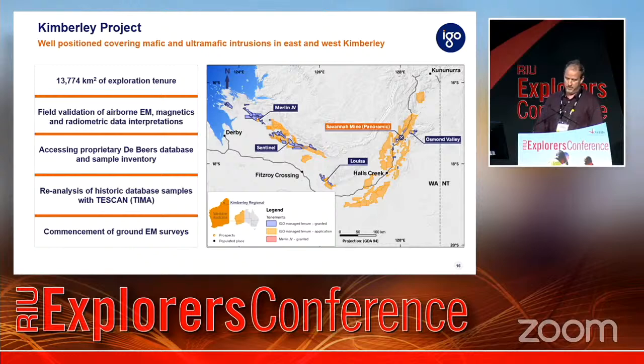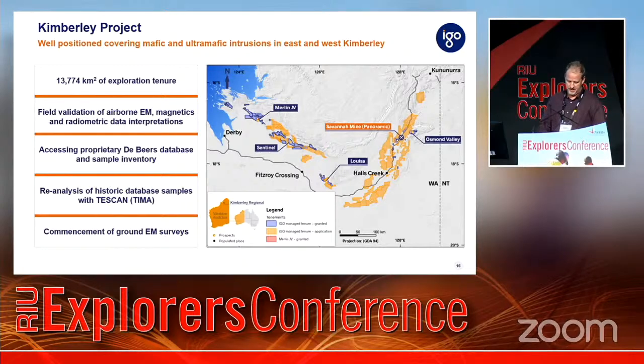Complementing all that as well, we've been doing some sampling, XRF traversing, and then we also supplemented these data sets with our proprietary De Beers database, where we have a sample inventory that includes about 6,000 stream samples and about the same sort of number of heavy mineral concentrates.